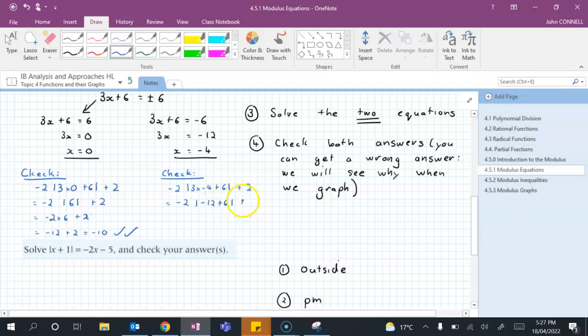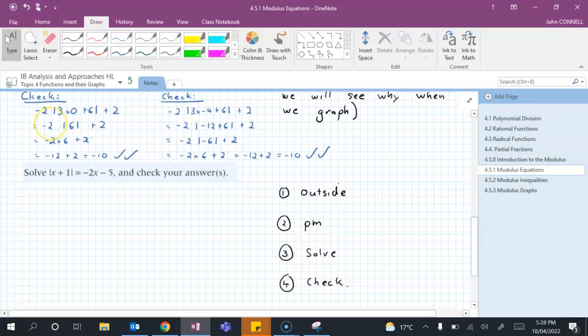Minus 12 plus 6 is minus 6. Taking the modulus of minus 6 will give us positive 6. So it'll be minus 2 times positive 6 plus 2, which is what we had before, which is minus 12 plus 2, which is minus 10. So both the answers work in this case.